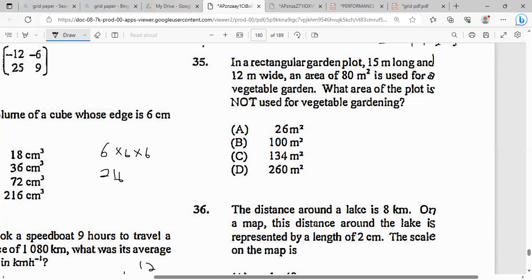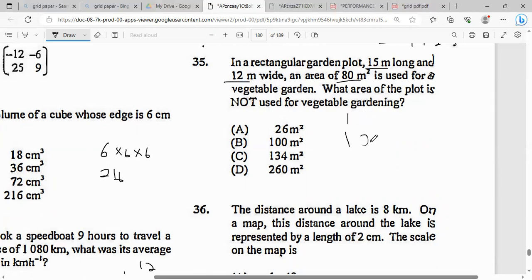In a rectangular garden plot 50 meters long and 12 meters wide, an area of 80 square meters is used for vegetables. The area of the plot that is not used for vegetable gardening is... all right, so they say it's 15 meters long by 12, and I use up 80 meters outside.